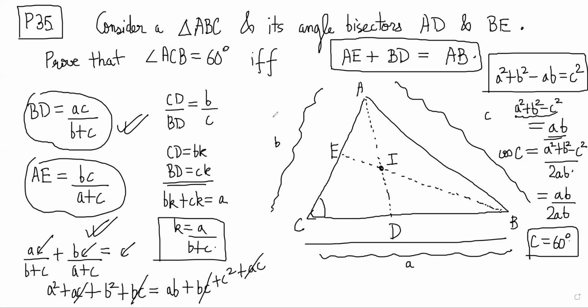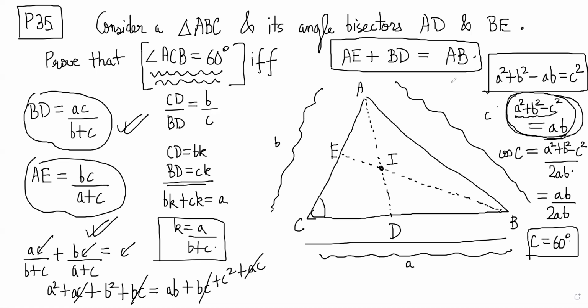You can prove the reverse also. You will start from here and use the cosine rule. From the cosine rule, you will get this condition. Do you understand what I'm saying? Yes, sir.